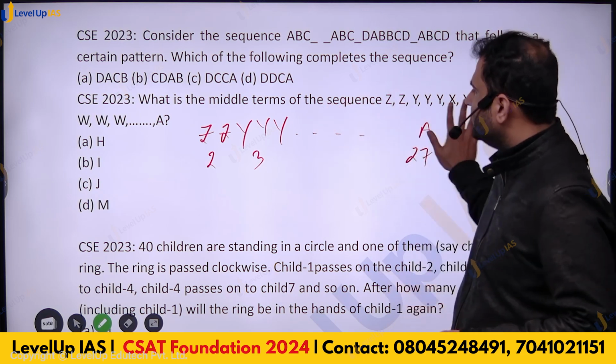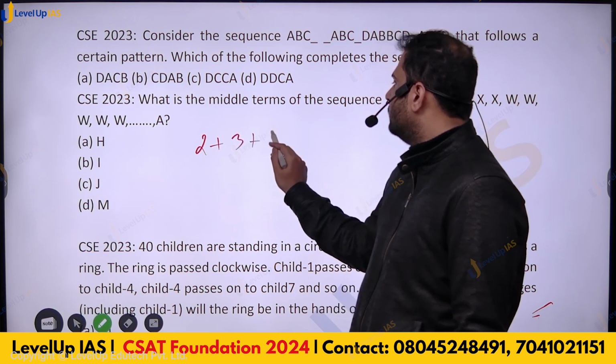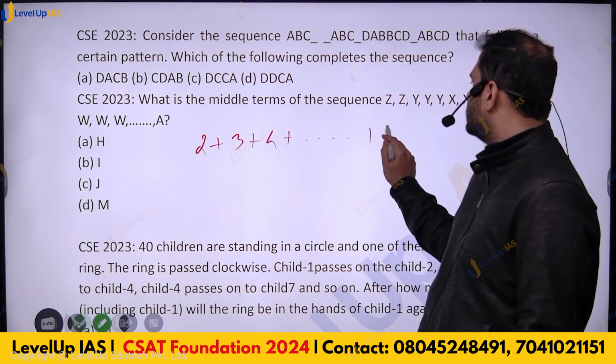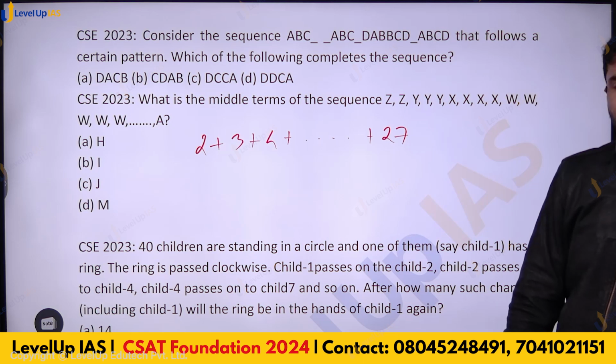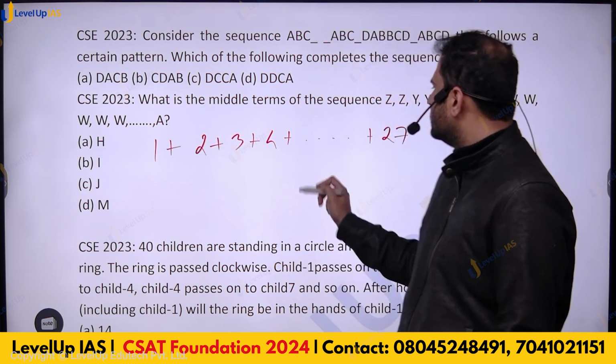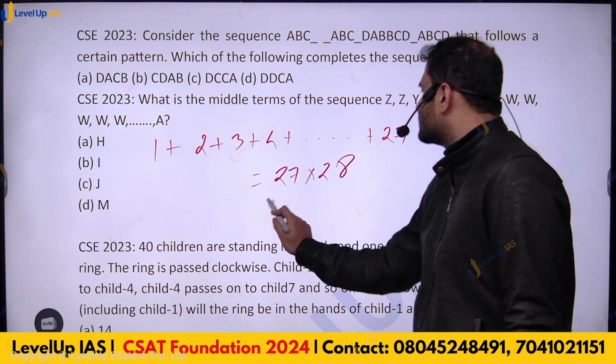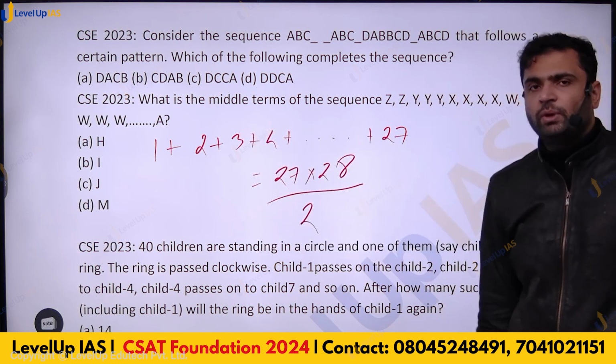So how many letters are there? There are 2 Z's, 3 Y's, 4 X's, and so on up to 27 A's. And we know that 1 plus 2 plus and so on is equal to 27 into 28 by 2, that is n into n plus 1 by 2. But we have added that 1 from our side.